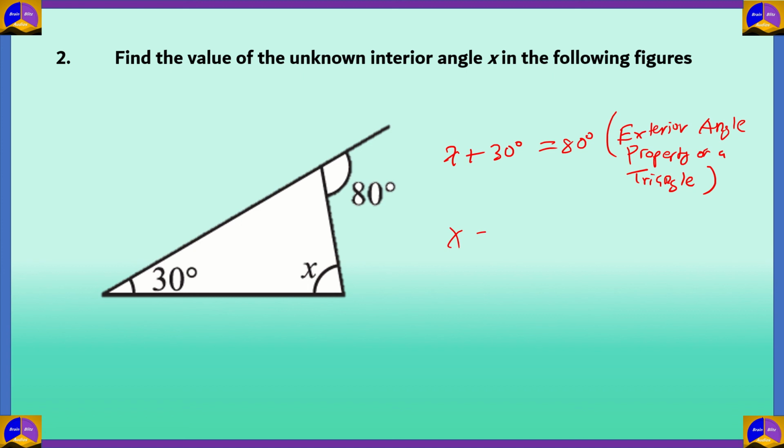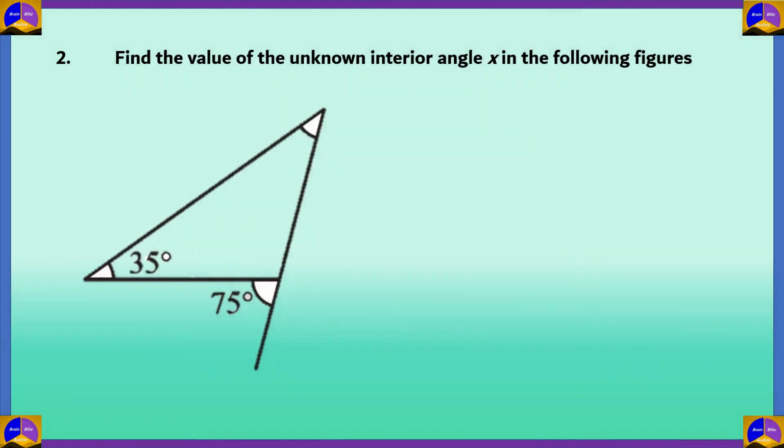So to find x, we take plus 30 degrees to the other side. x is equal to 80 degrees minus 30 degrees. So x is equal to 50 degrees. So in the diagram given, x is equal to 50 degrees.